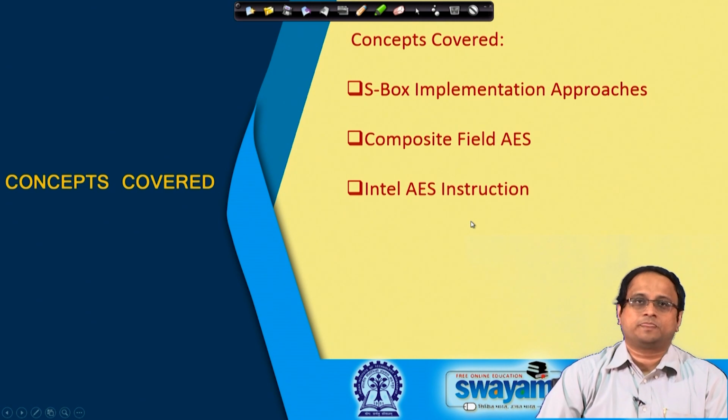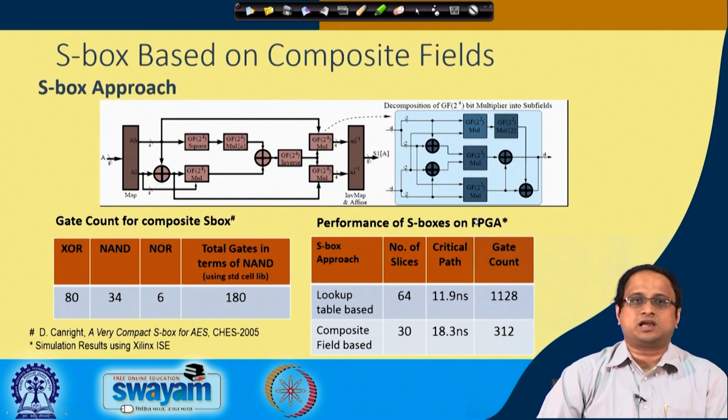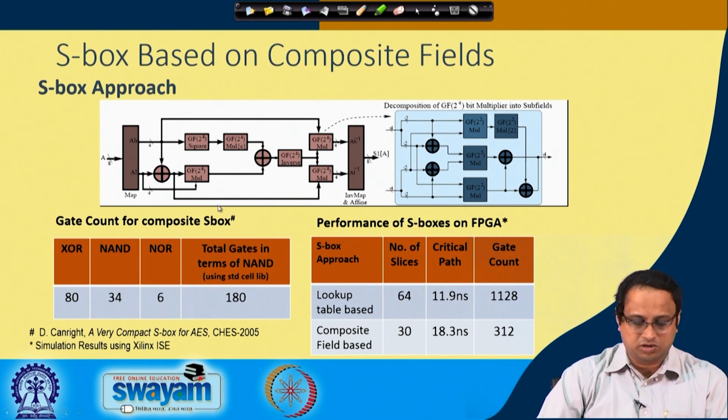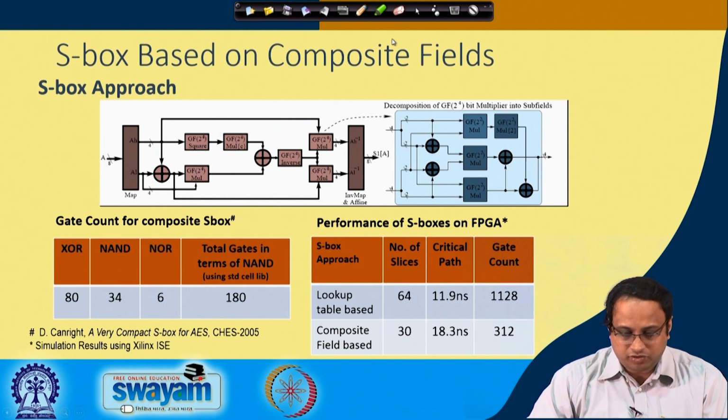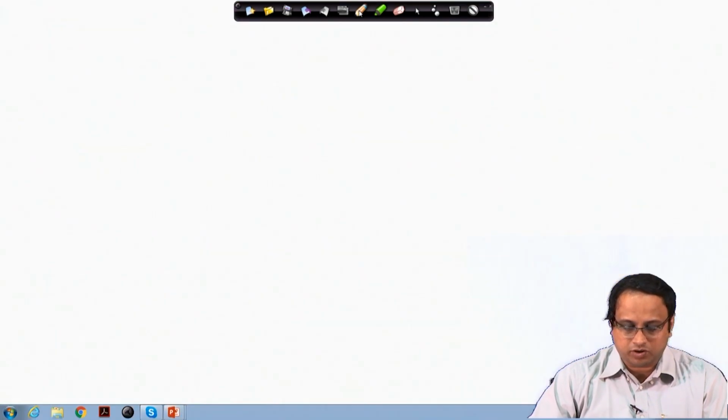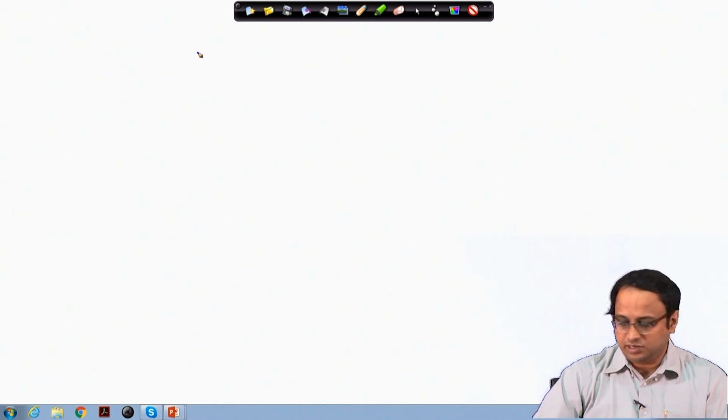So, let us come back to this slide where we were discussing the S-Box on composite fields, and take a quick look into this architecture. How essentially does it work? In order to do that, I will go into the math of this design.